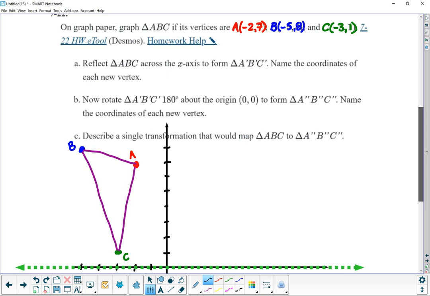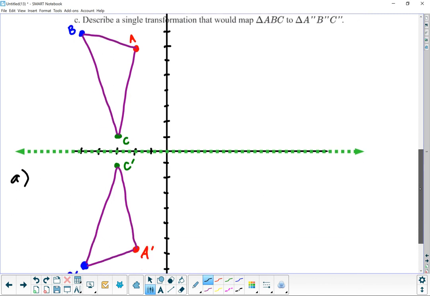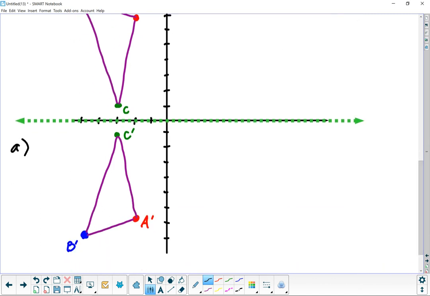Now rotate A prime, B prime, C prime 180 degrees about the origin, which is at 0, 0, to form a new triangle, A double prime, B double prime, C double prime. Name the vertices. So if I go across the origin, I can use the hook method.